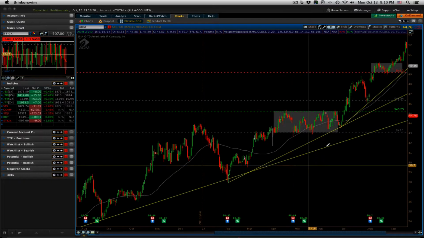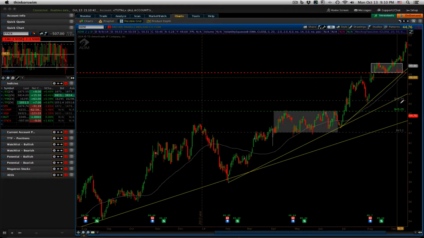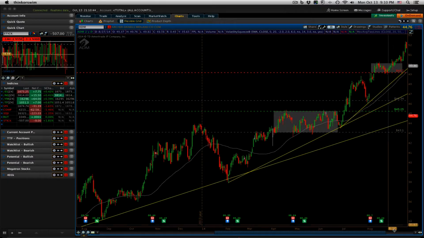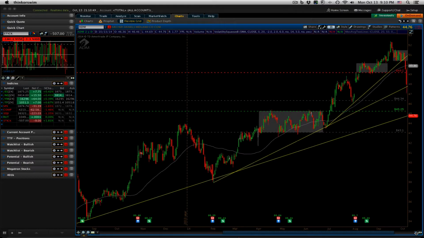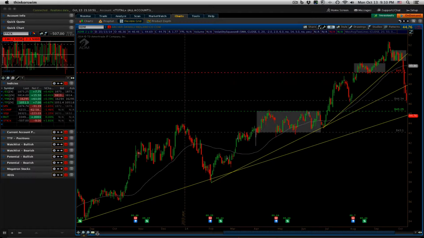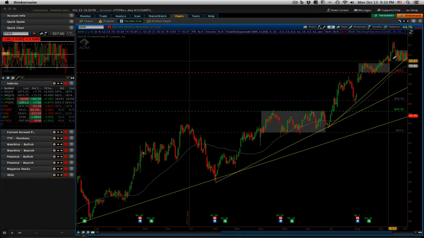This was our entry signal right here at 45.25, a breakout over there, and we trailed stops higher. Now we've locked in from 45.25 to 49.20. Then what started to happen was we started to get another consolidation.